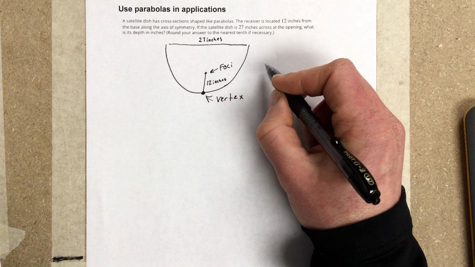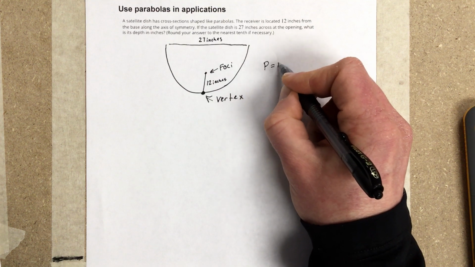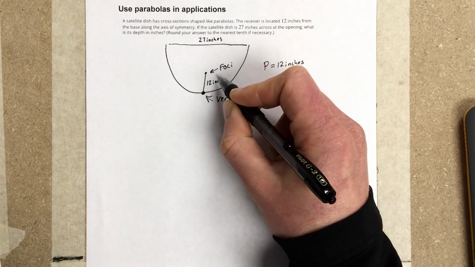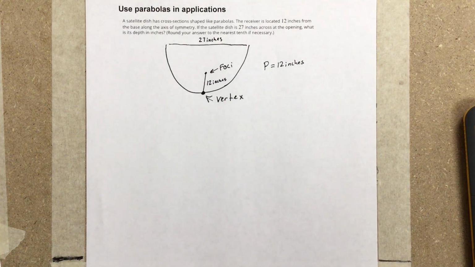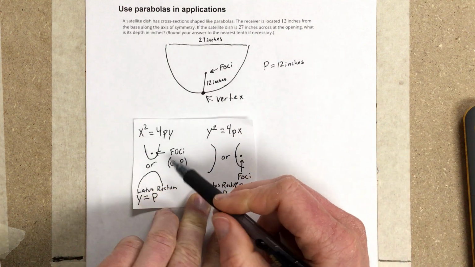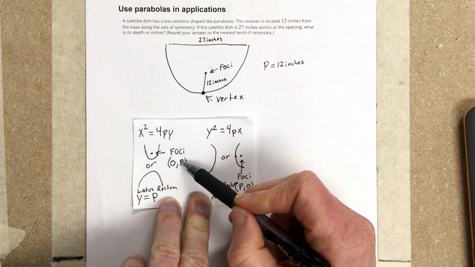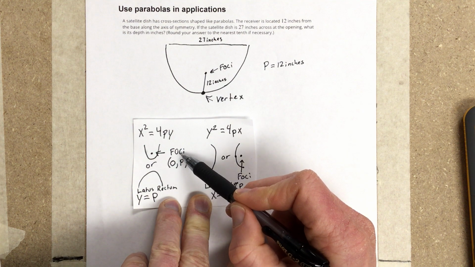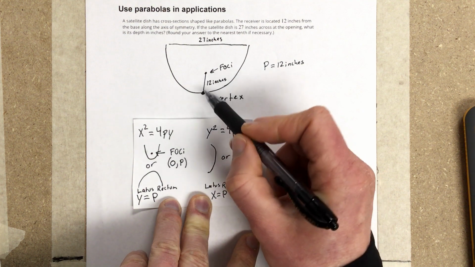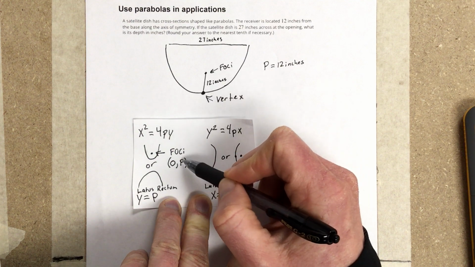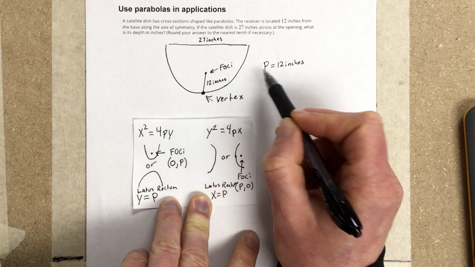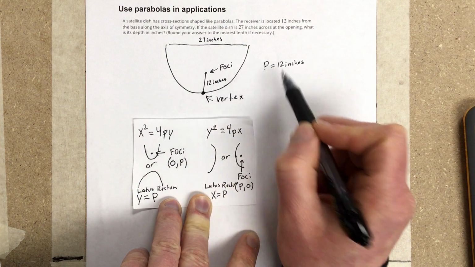So P is going to be 12 inches. If you remember our equations for an upward facing parabola, the x value of the focus is not changing, but the y value of the focus would be P, which is 12 inches.